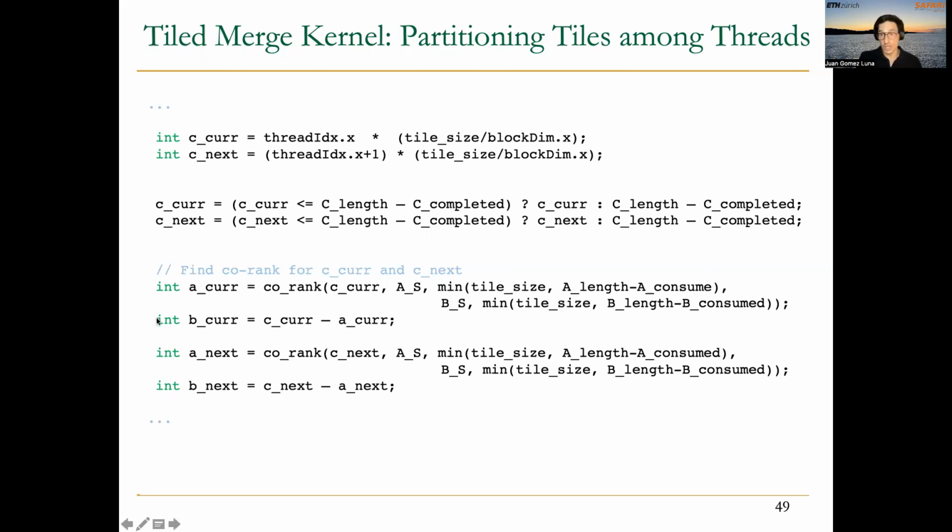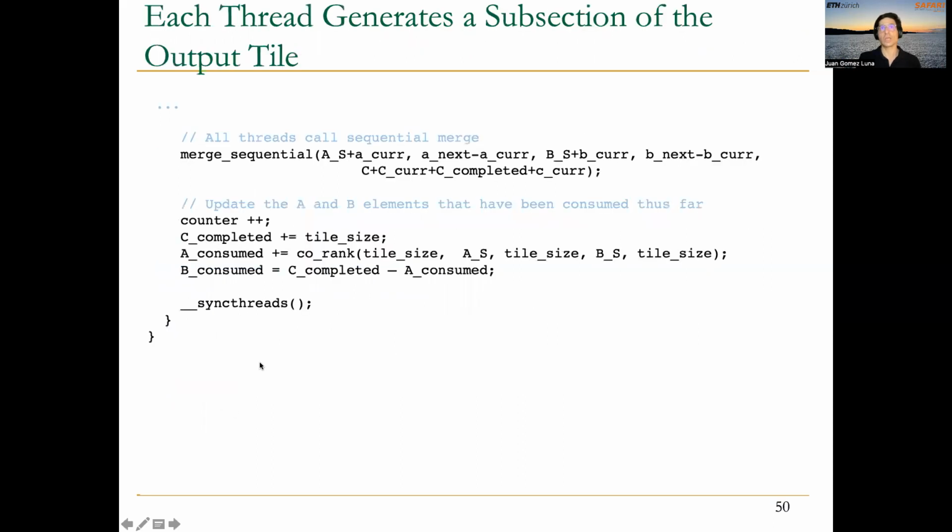Based on them, each thread can compute the corresponding core ranks. After that, each thread can go to the specific part of the tile of A and the specific part of the tile of B, and perform the sequential merge. And after that, we update A consumed and B consumed in order to account for the part of the input subarrays that has already been used, consumed and written to the output.